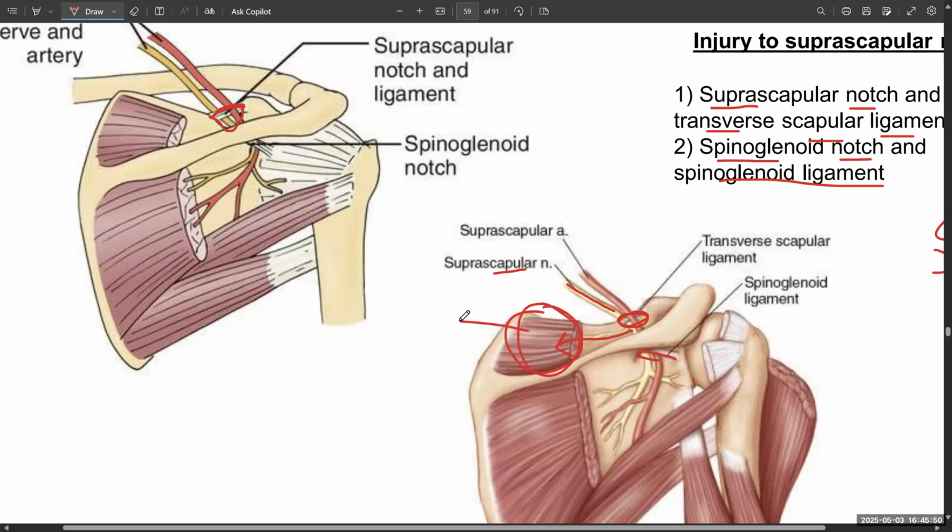What is this muscle? This is the supraspinatus. And then after giving off branches to the supraspinatus, this suprascapular nerve is going to go down through this spinoglenoid notch, and then it gives branches to this big muscle. What is this muscle? This is the infraspinatus muscle. I don't think anybody can read that, but this is infraspinatus.